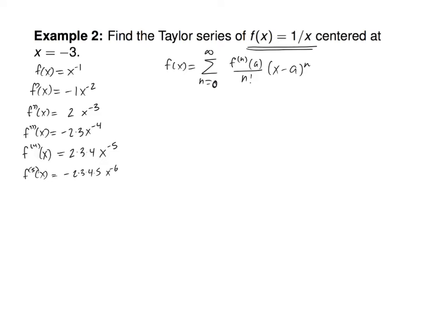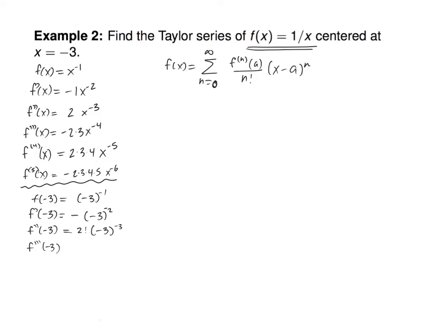So you have to figure out what we are plugging in for a into our derivatives. -3. Okay, so f of -3 is -3 to the -1, right? What's the first derivative at -3? -3 squared, -2. Second derivative, it's 2 factorial, -3 to the -3rd.